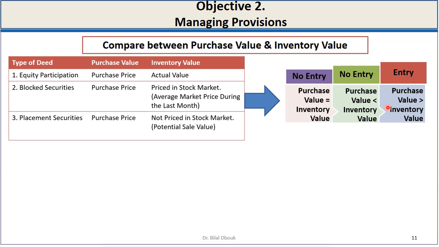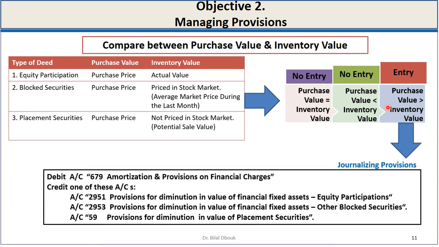However, if the purchase value is greater than the inventory value, it means if we are going to sell this financial instrument, we are going to make a loss. So we have to record a specific entry related to provisions. We have to journalize provisions if the purchase value is greater than the inventory value or the market value.